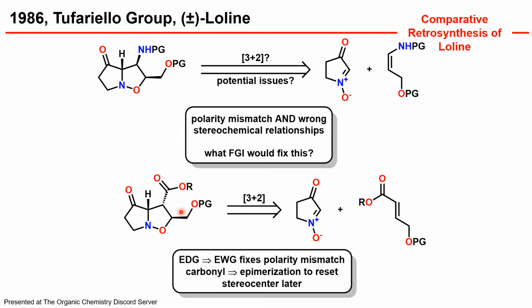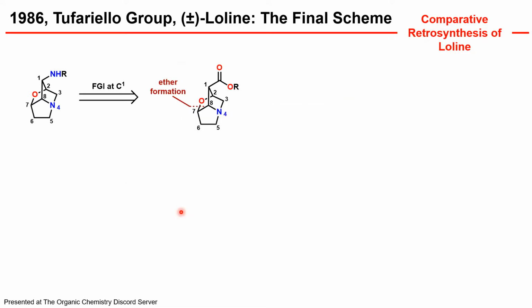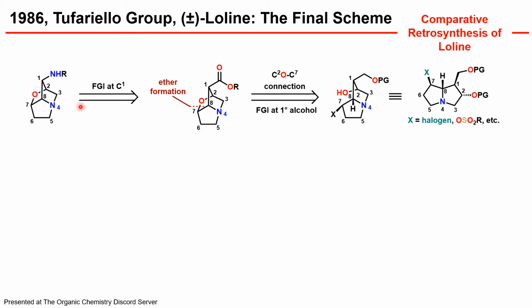Okay, so this is kind of abstract. It's useful to see how exactly they implemented it. So as for that ester to amine functional group interconversion I had mentioned earlier, they actually do that at the very end of the synthesis, or at the beginning of the retrosynthesis, right? And so they do the Curtius rearrangement, and then they do that ether disconnection that we had previously discussed.